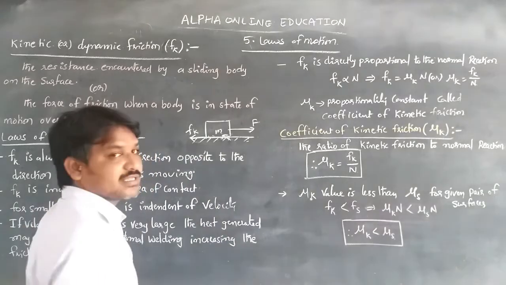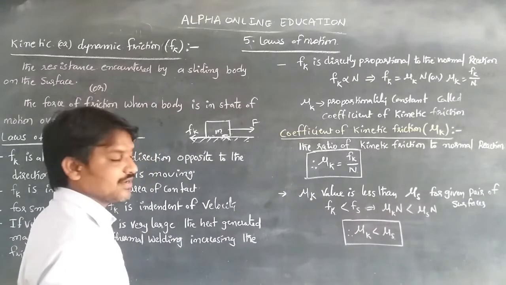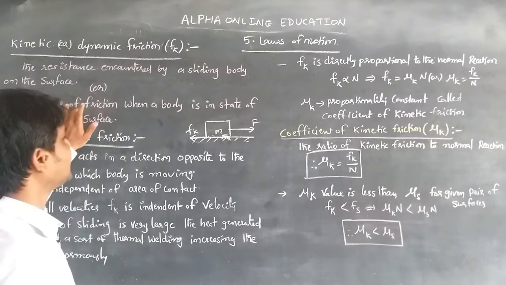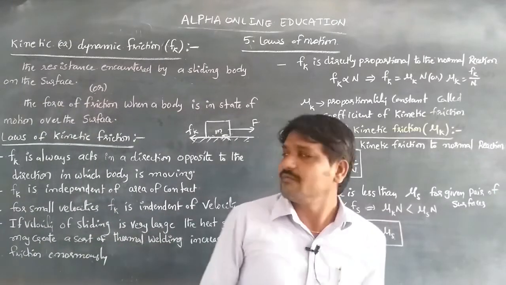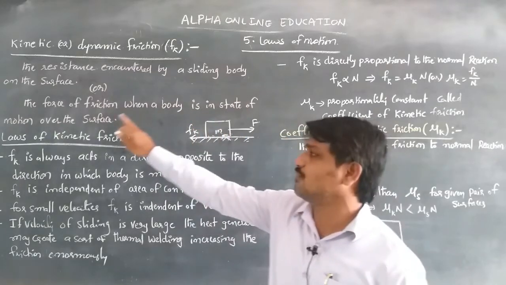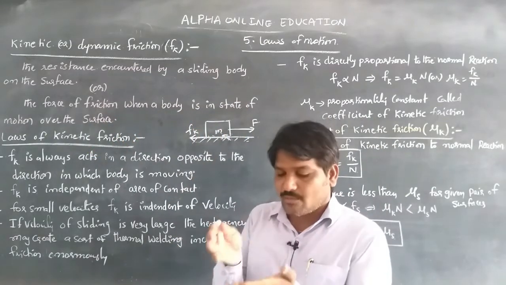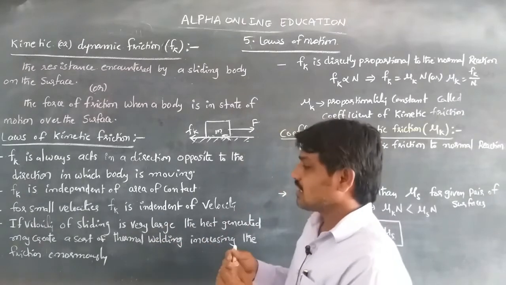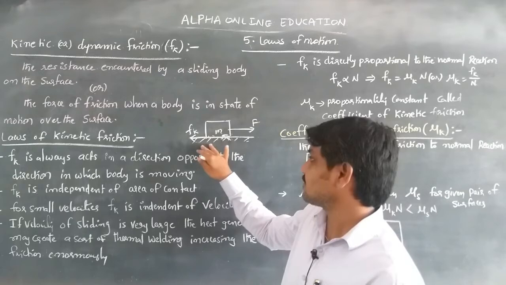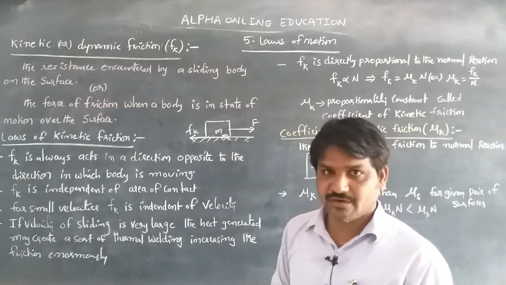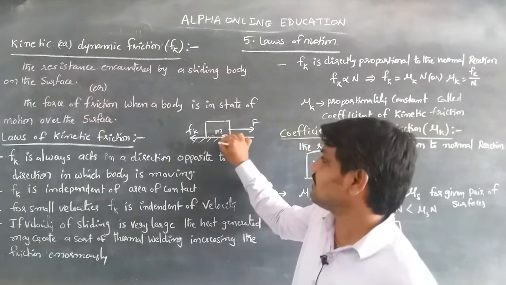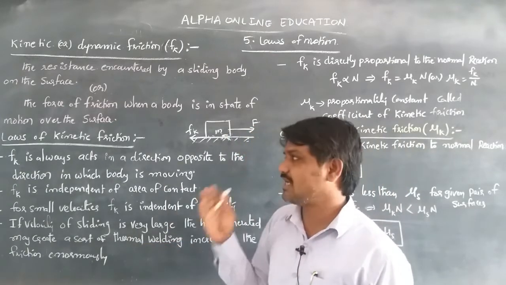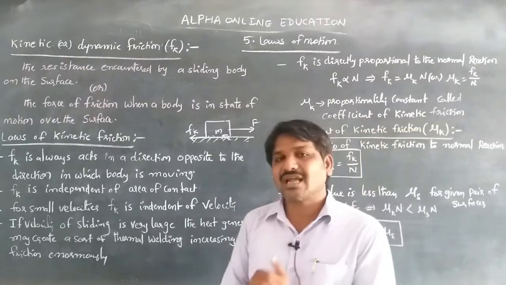This is kinetic friction, also called the force of friction when a body is in a state of motion over the surface. We can say that whenever the body is in motion, the friction offered by the surface is called kinetic friction. So what are the laws of kinetic friction?